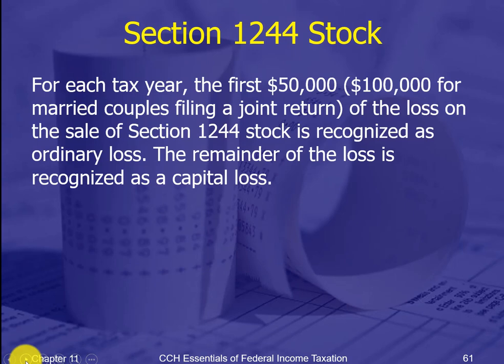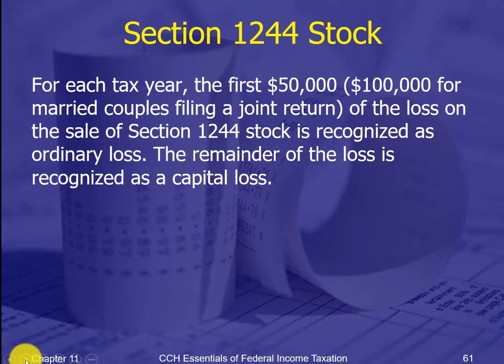Special section. Remember there was a section 1202 stock that we talked about last chapter. This is section 1244 stock. The other situation was the gain didn't have to all be recognized. Here, you can have a loss that's higher than the $3,000 maximum if it fits under this category of section 1244 stock.